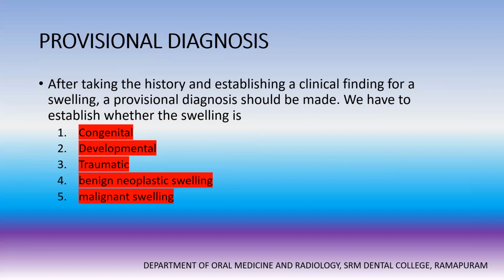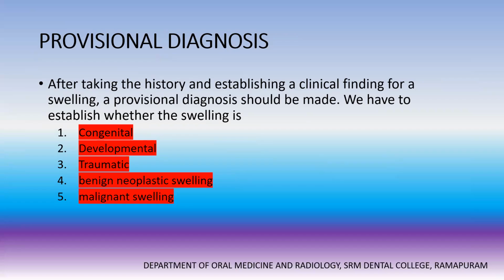And under diagnosis, a swelling can be of many types, mainly congenital, developmental, traumatic, a benign neoplastic swelling, a malignant swelling, or it can even be inflammatory swellings, which very commonly occur in our OPD. Thank you.